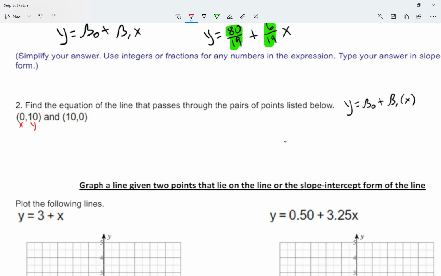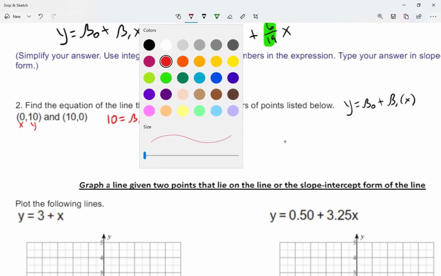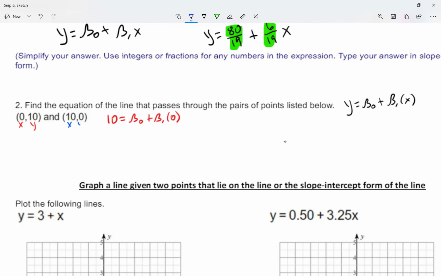So I'm going to rewrite that equation, replacing my values of y and x: 10 is equal to beta 0 plus beta 1 times 0. Looking at my second point, my x is 10, my y is 0. So let me replace the values that I know: 0 is equal to beta 0 plus beta 1 times 10.